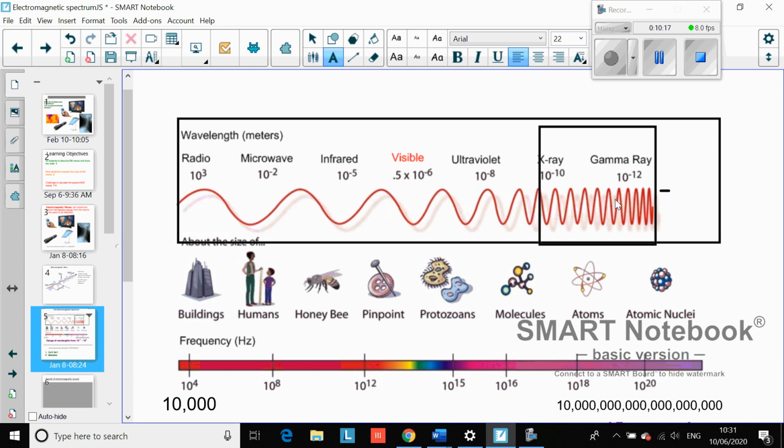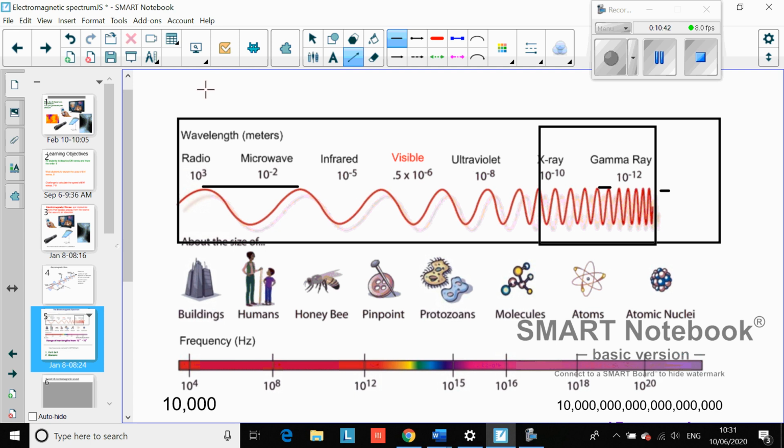So, key feature you need to understand: as the wavelength gets shorter, or as the wavelength gets smaller, the frequency gets higher. Look, here we've got a long wavelength, here we've got short wavelengths. So as the wavelength decreases, the frequency increases.